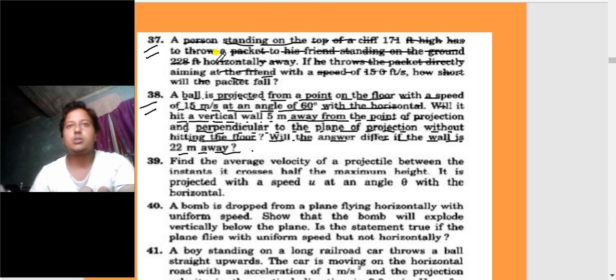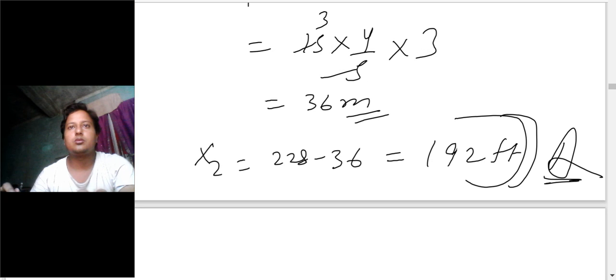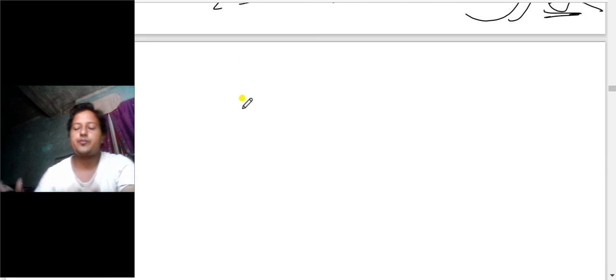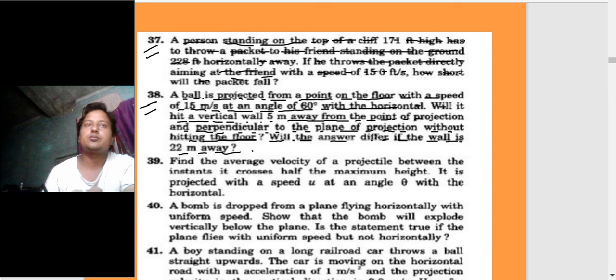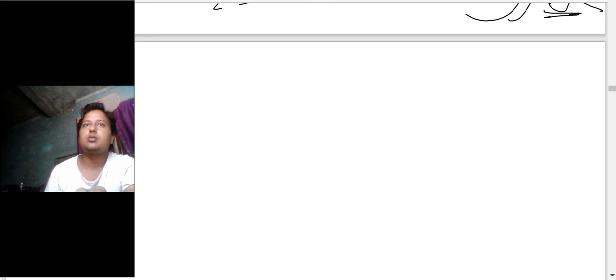In question number 38, the speed is 15 meter per second at an angle of 60 degree.